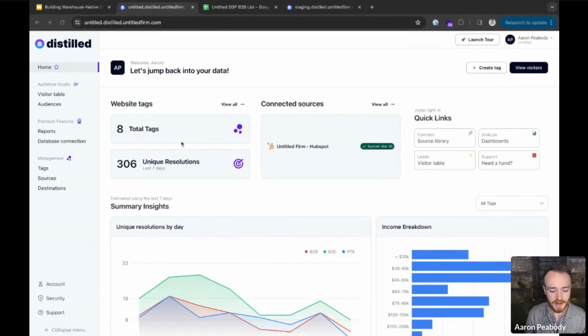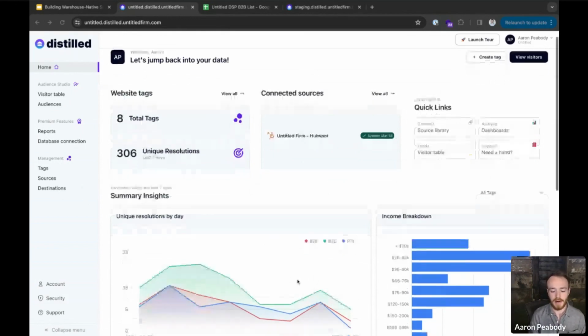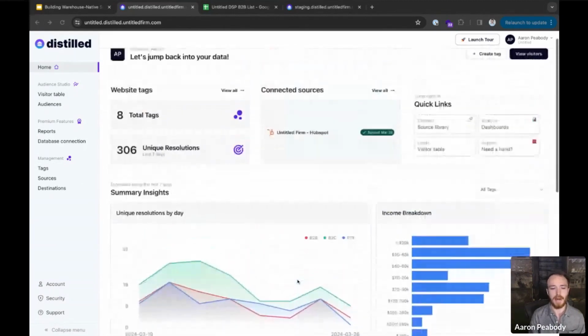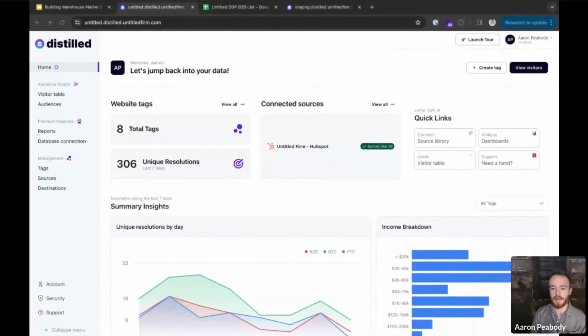Okay, cool. So basically, when someone logs in, this is a demo account we built earlier today. But essentially, there's tags, sources, and destinations, as I mentioned earlier. So it gives people some aggregated summary data around the second party and first party data that's been mashed together.